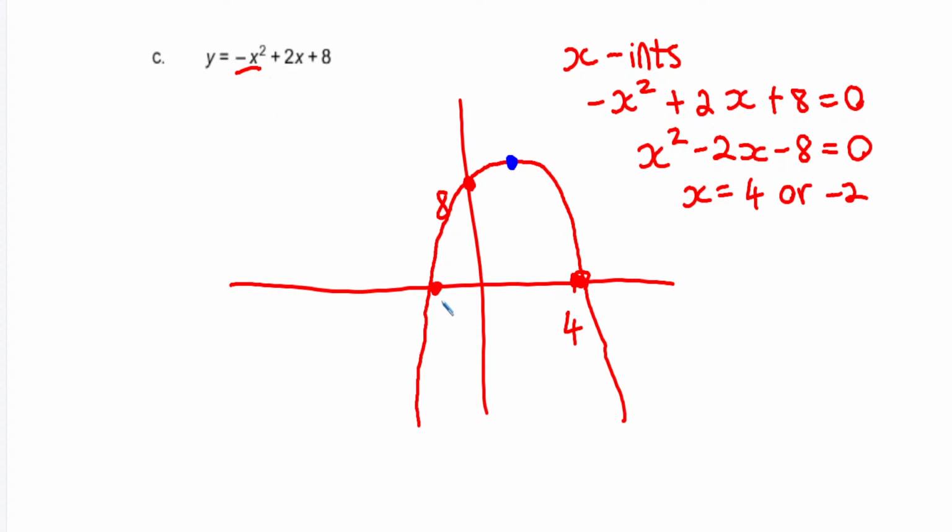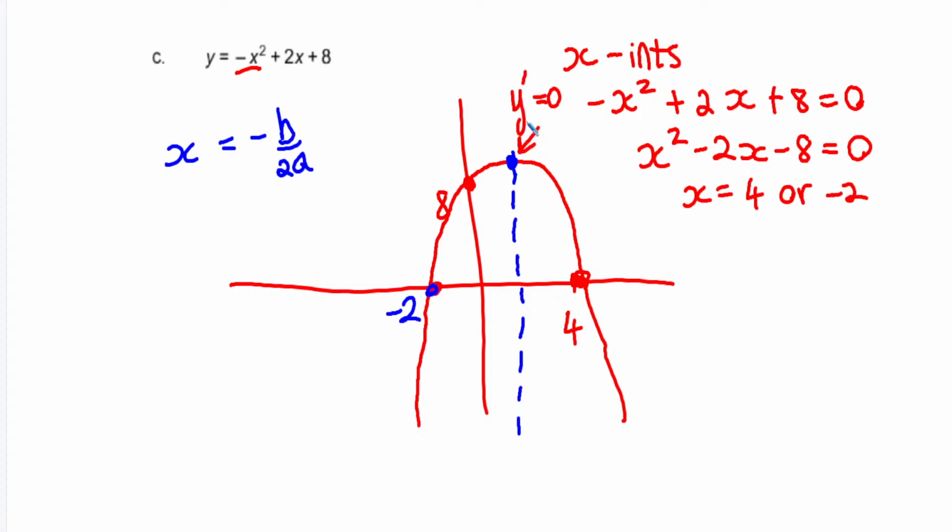I could say, well, actually, because of the symmetry, it's going to be halfway between there and there. In other words, it's going to have an x value of 1. I could use the formula x equals minus b over 2a, and I would get x equals 1. Or, and the way I'm going to choose, I know that at this point, the gradient is 0.